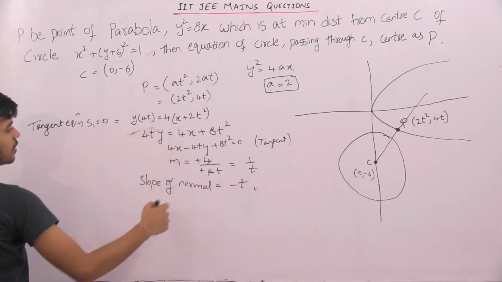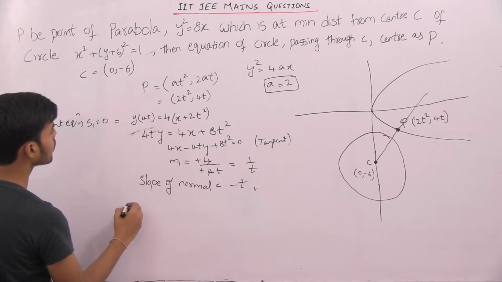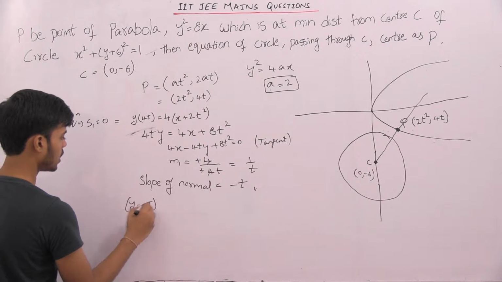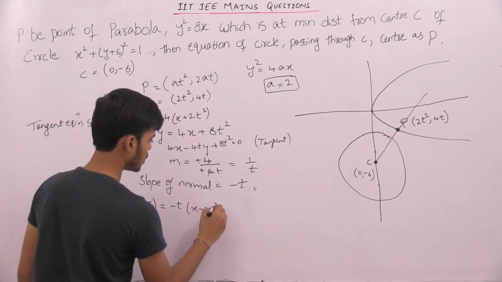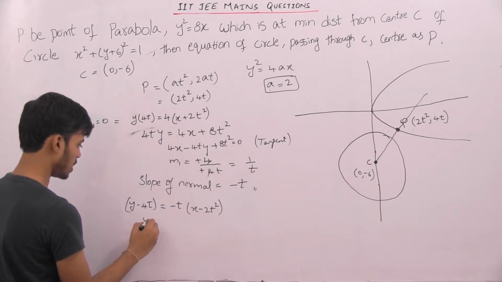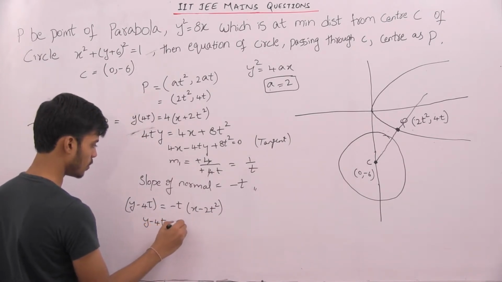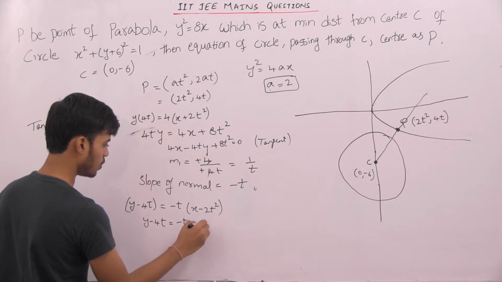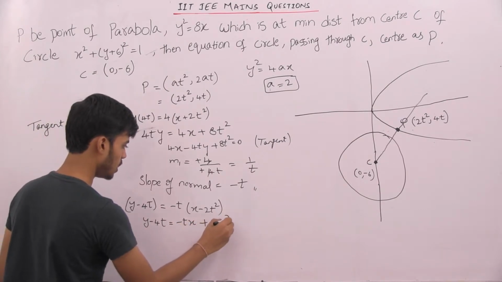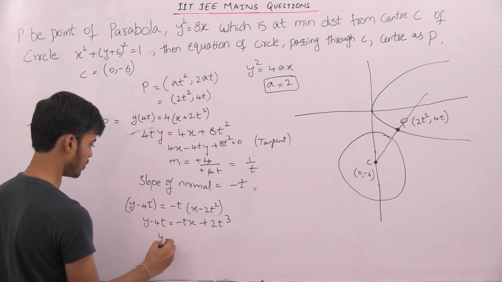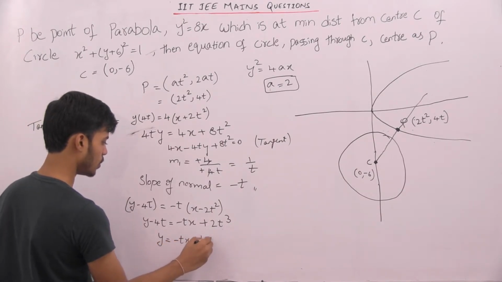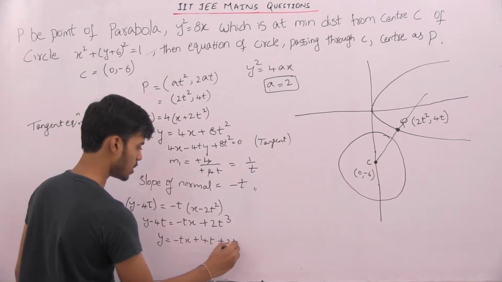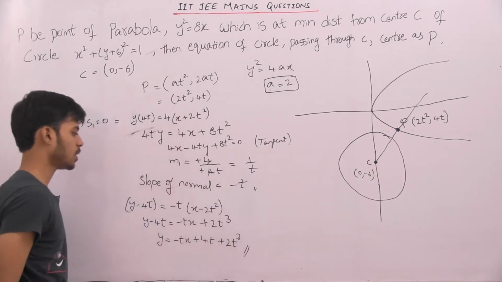Now writing the equation of the normal: y minus 4t is equal to minus t into (x minus 2t square). So y is equal to minus tx plus 4t plus 2t cube.